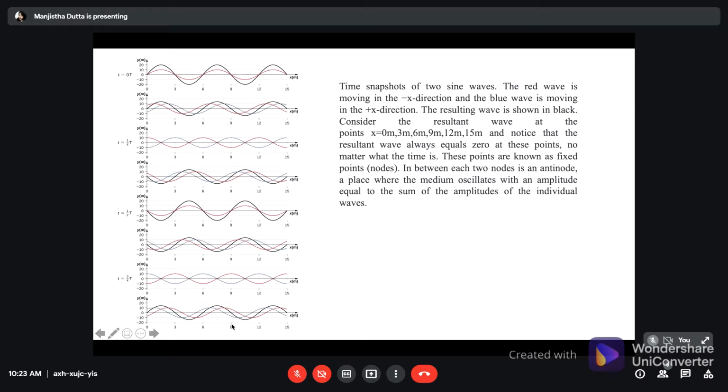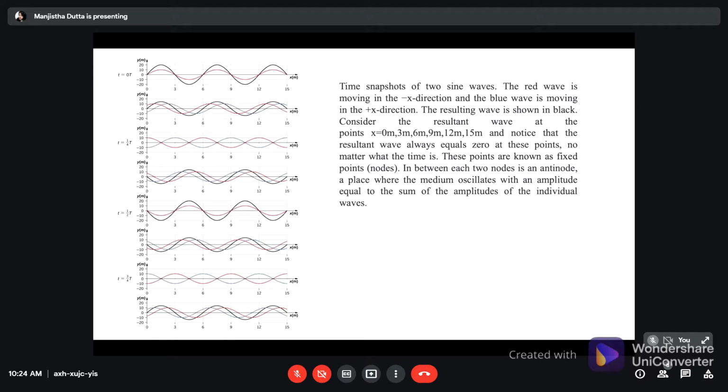For all values of t, these points x equal to 3, 6 and 9 correspond to zero displacement. Whatever the time is, zero displacement. So these points are called the fixed points, or the nodes, and the points where the oscillation is maximum are called the antinodes.